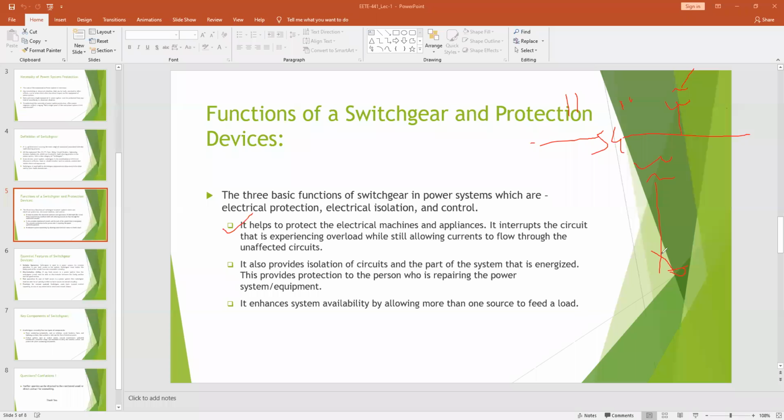If I say a short circuit fault has occurred here, then almost 3 times the nominal current will flow through this transformer, obviously.